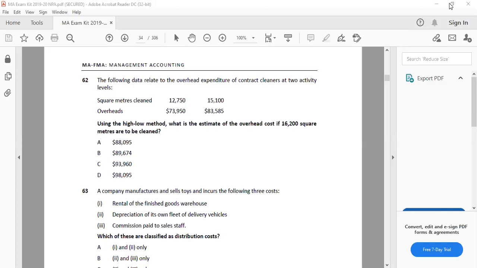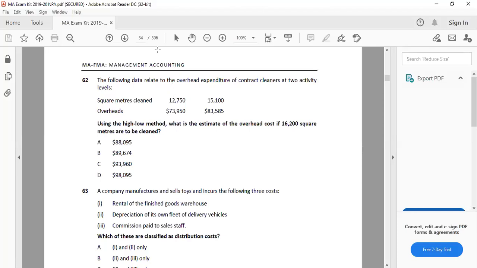Then we have overheads: 73,950 and 83,585. So please look into this particular question. Using the high-low method, what is the estimate of the overhead cost? There are two activity levels given.